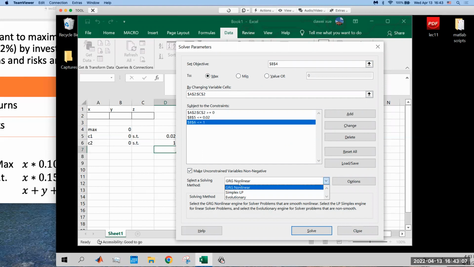Since our programming is linear, we have linear relationships between all the values. So we're going to use the simplex linear programming engine. We select this engine, and now we click on Solve.